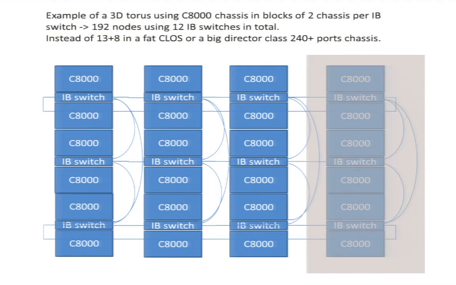One of the ideas would be using a 3D torus with, let's say, fat-tree zones. So each switch connects non-blocking locally to the nodes and each switch is connected in a 3D torus to each other. This presents some extra interesting challenges for the software layer, the data movement, and also the application awareness. Your application needs to be fully aware of where it's running, in which direction it's running, and how it's communicating.